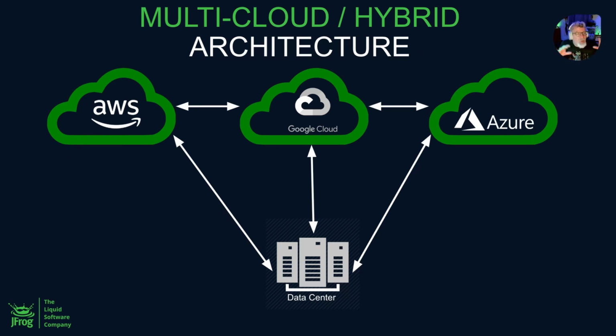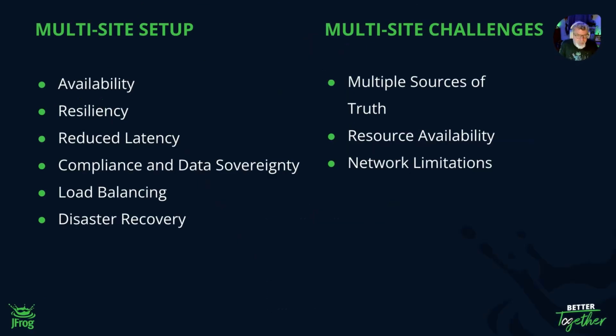Using Artifactory and our platform, they still have a consistent way to store the third-party transitive dependencies, apply security, store the builds that they do, and handle all their access management. But then they can leverage the tool sets that are available in these various cloud architectures.